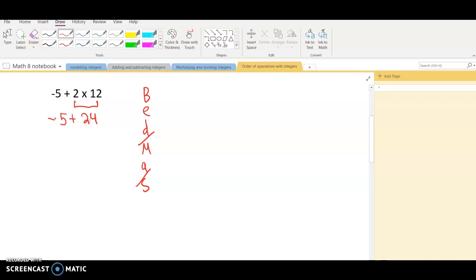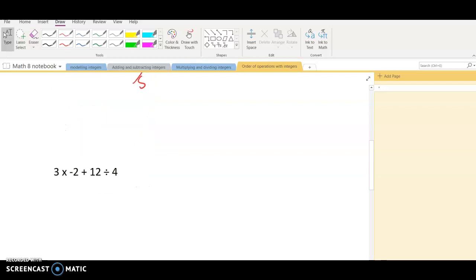Take a look, this is not minus 5. This is negative 5, which are two different things. They're different enough that we don't have to solve this. So negative 5 plus 24, if you remember from when we were adding and subtracting integers, would become 19.